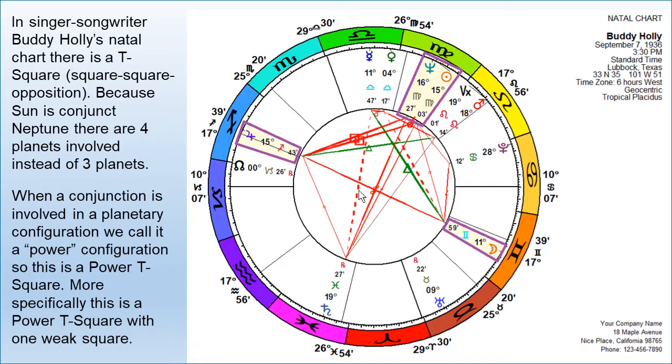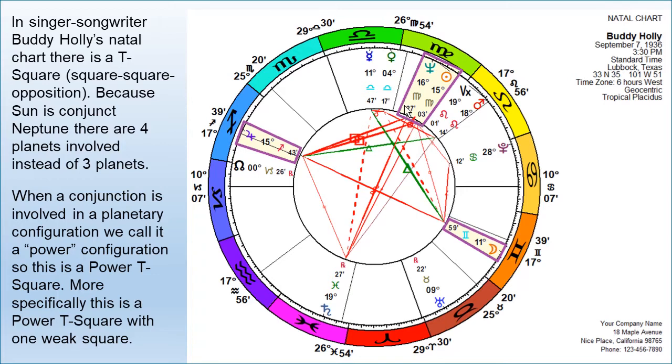The Moon is out of orb, using the orb we have in vibrational astrology, to Neptune. So what do we have here? It's not showing that line to Neptune, at least according to the orbs that are used here.